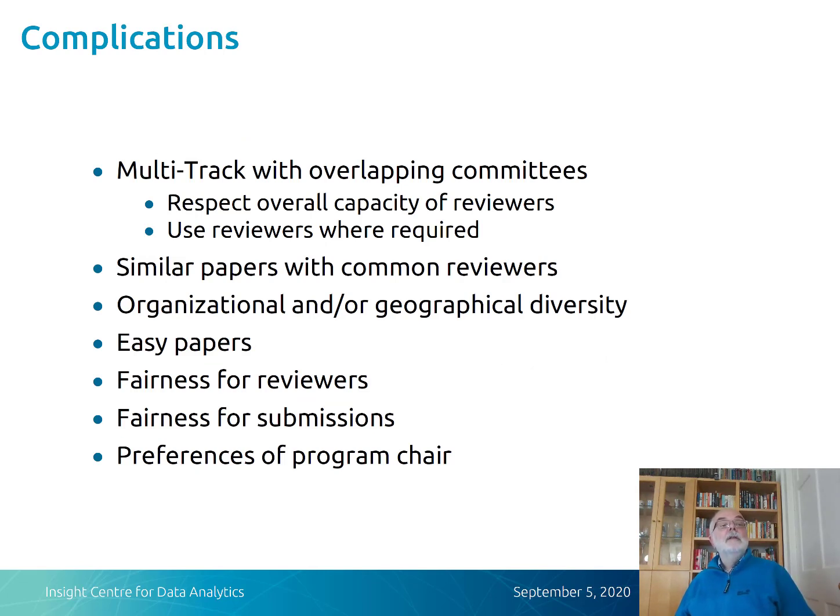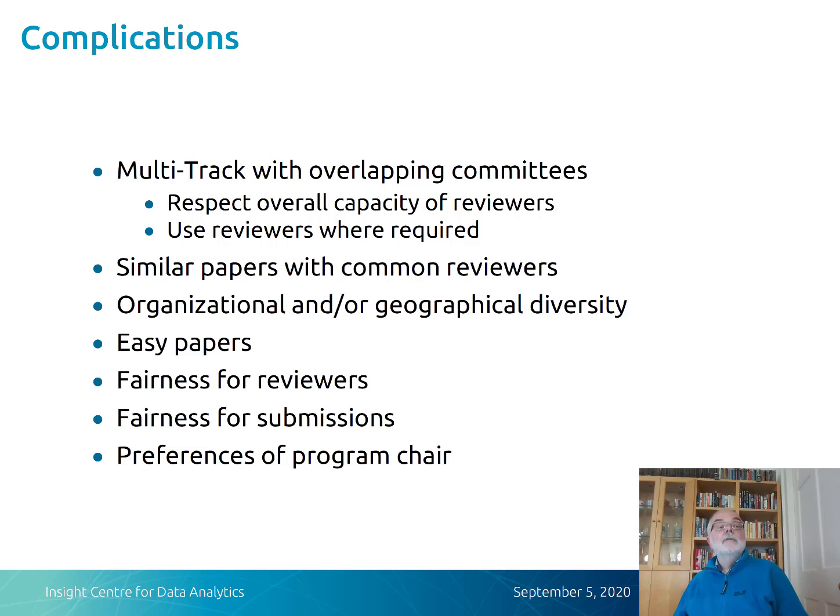One of the things that we needed to add in our system was a multitrack version where we have multiple tracks in the conference with overlapping committees, and we want to respect the capacity of the reviewers over all tracks, not just for each track individually, and use the reviewers where they are required. Then we have constraints that papers that are similar should share some reviewers so that we get an evaluation on the similarities of these papers.